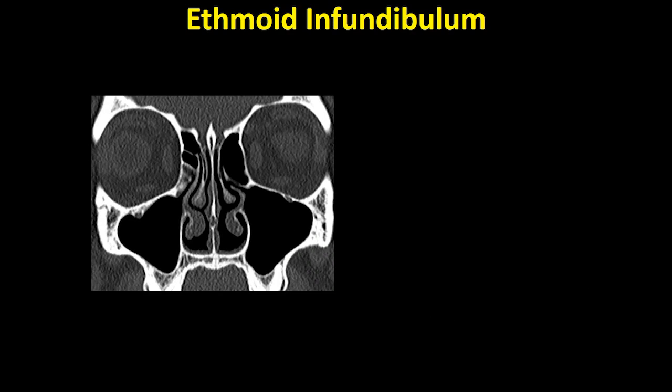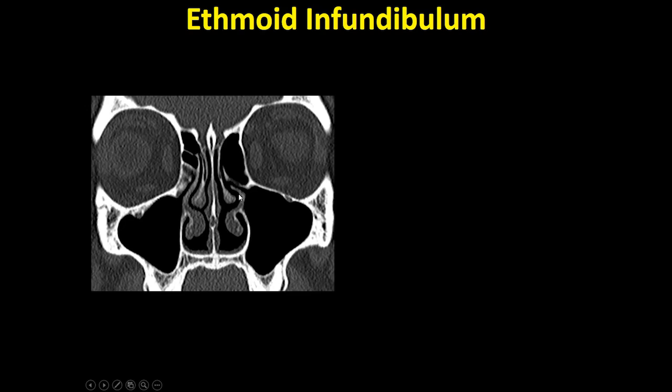The ethmoid infundibulum is that structure which is bounded superiorly by the ethmoid bulla and for a small portion anteriorly by the anterior ethmoid air cells. The medial surface is the lateral surface of the uncinate process, the height of which determines the depth of the infundibulum.